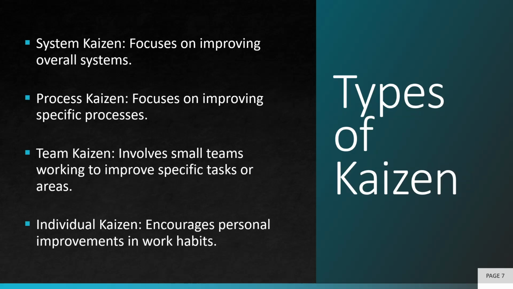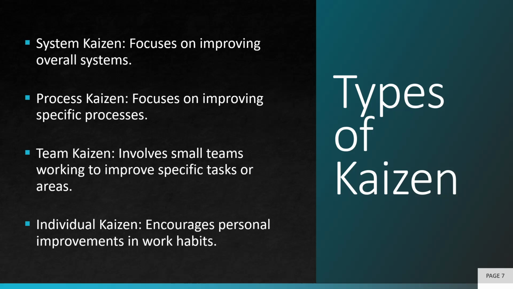Types of Kaizen: system Kaizen focuses on improving overall systems. Here basically we are talking about technological improvement, right? So under system Kaizen we are majorly focusing from the technology or system point of view, so that through those changes we can bring some improvements in our systems.